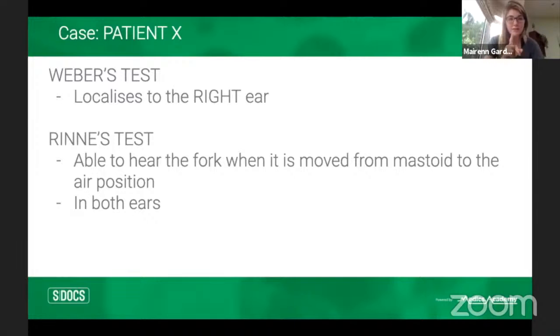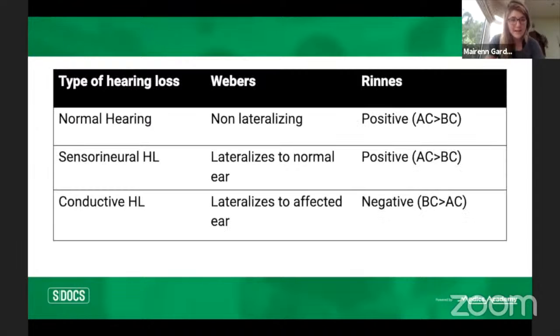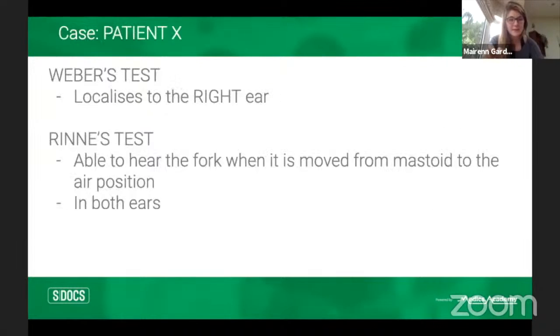Because it localizes to the right ear, as I showed in this table, in sensorineural hearing loss, it lateralizes to the normal ear. This means that the ear that you hear it loudest in will be normal. So it's therefore left sensorineural hearing loss, the problem is within the left ear.